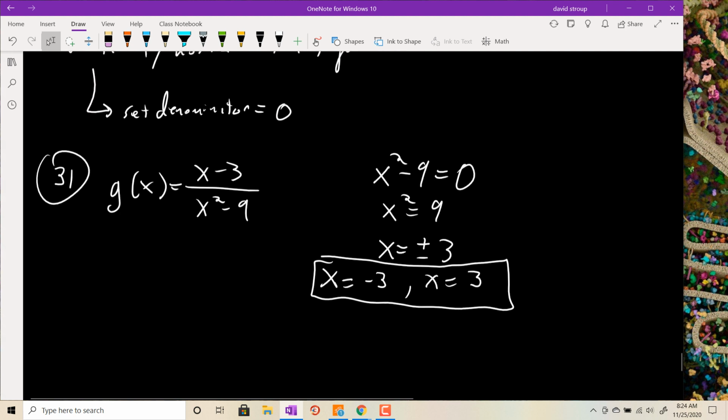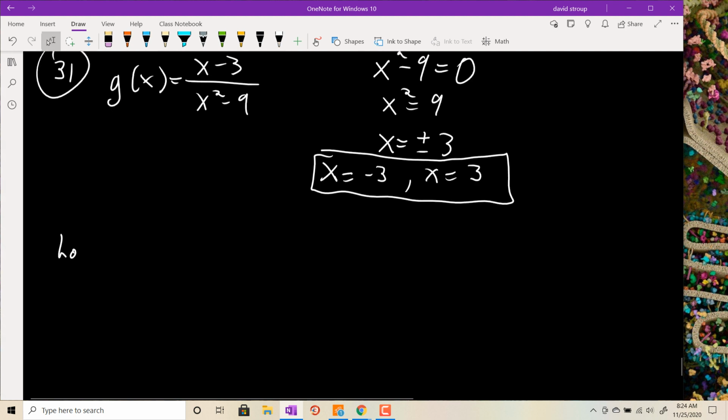Then finding horizontal asymptotes, which is basically the end behavior of the graph, that was determined by the degree of the numerator and denominator.